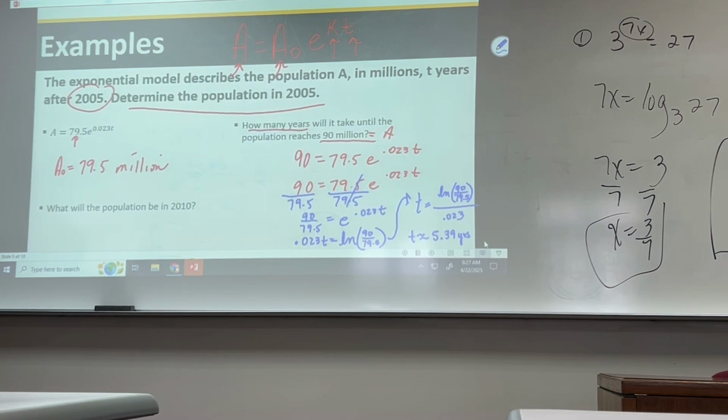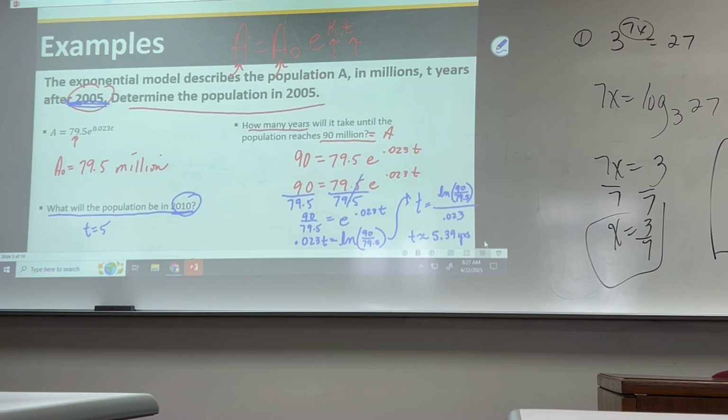Now notice the next one says, what will the population be in 2010? So this time, we're looking for the A, aren't we? You know the starting population. If we know the year, and we know the starting year, can we figure out how many years have gone by? What would t be? From 2005 to 2010 is how many years? 5 years, so t is 5.